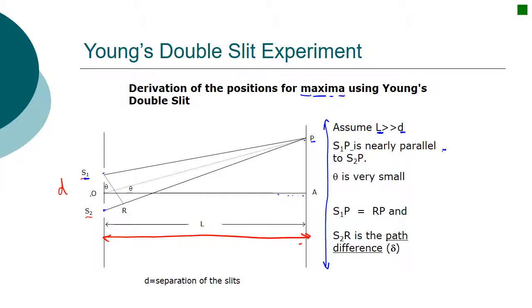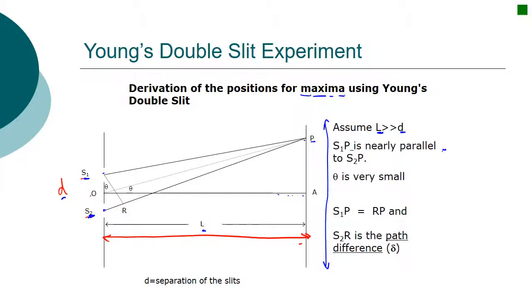S1 up to point P is nearly parallel to S2 up to point P, and the reason is that they're so close together. Our d value is so small that if we are at a point really far away, and our L distance is very far away in comparison, then those two lines are almost going to be parallel.